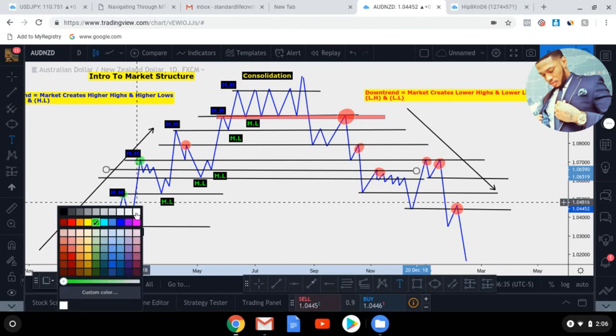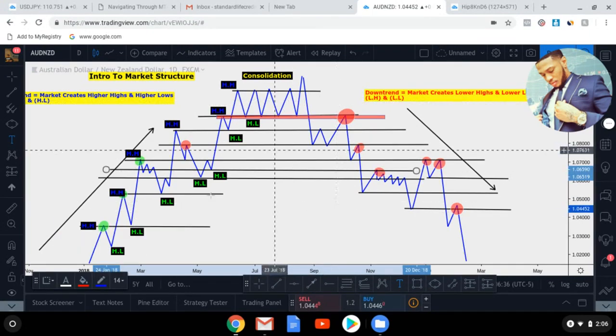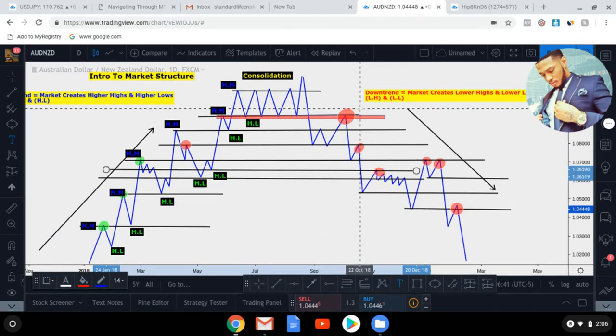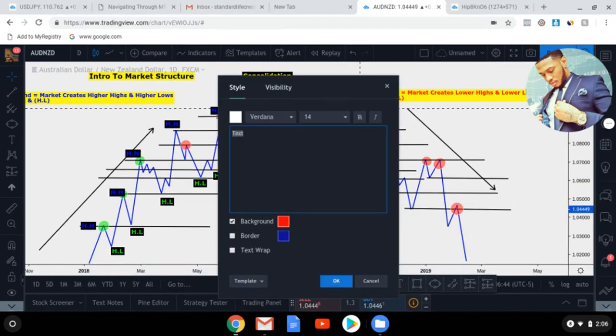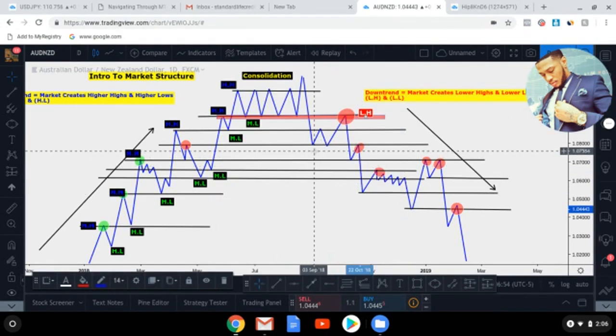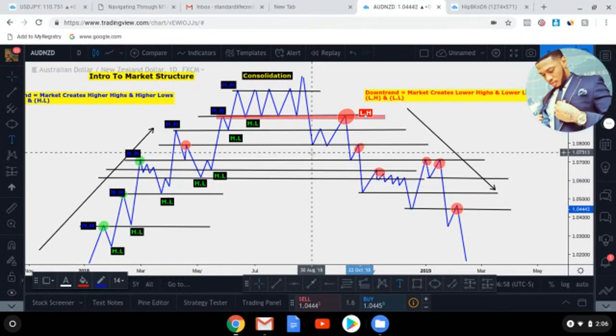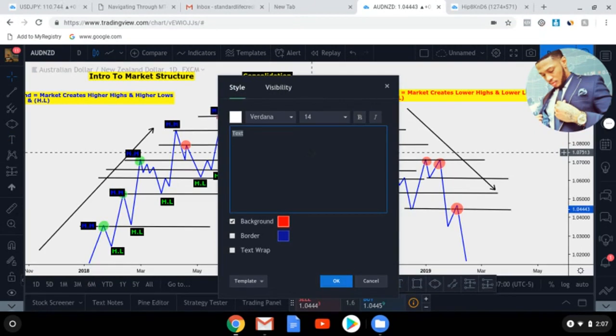So we'll go ahead and label this red, and we'll do here, lower high for your lower highs. And then we'll also do one for the lower lows. LL. Right.